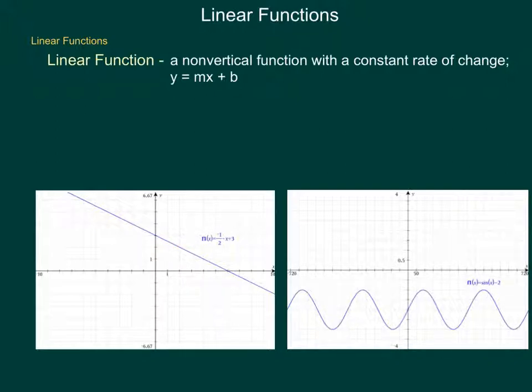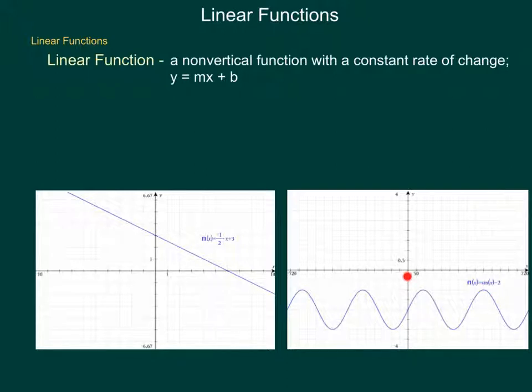Our second function is a nonlinear function. We can see that we have a constant changing of the function. Sometimes it is moving up, sometimes it is moving down, sometimes it is perfectly flat. This is f of x equals the sine of x minus 2.